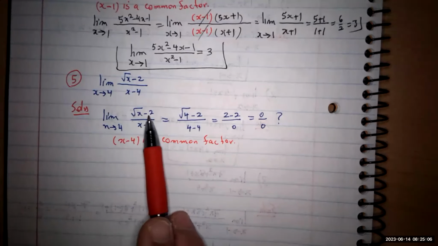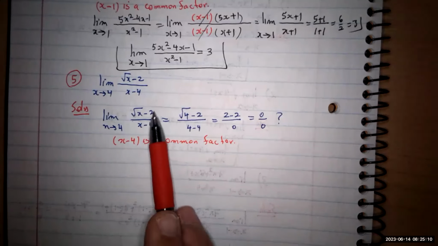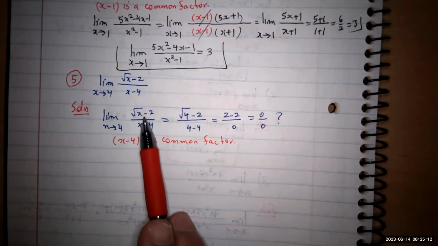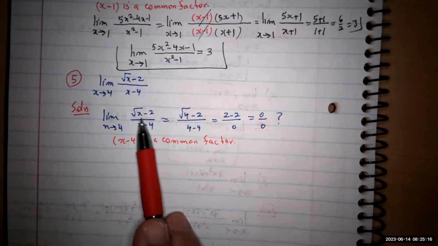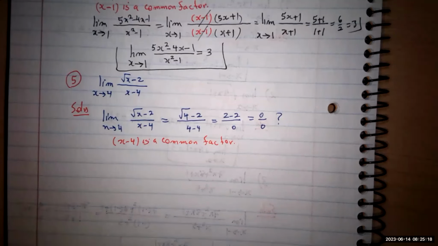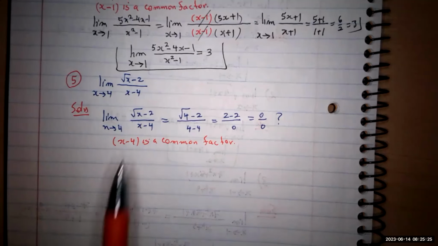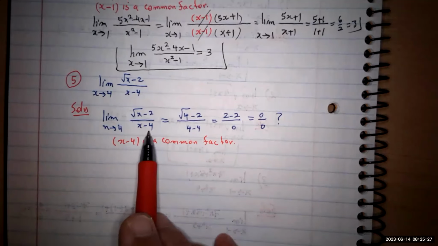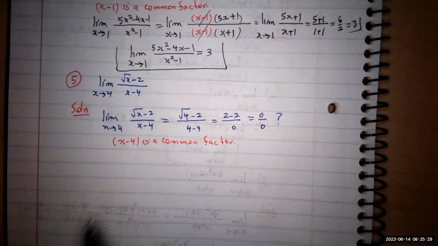So in order to remove that radical, we multiply the top and the bottom by the conjugate of the top. Conjugate means you change the sign. It's radical x minus 2, so the conjugate would be radical x plus 2. So you multiply the top and the bottom by radical x plus 2, and automatically you will get your x minus 4 out. This is the one we call case 2.